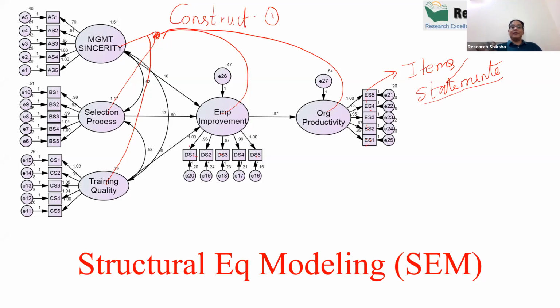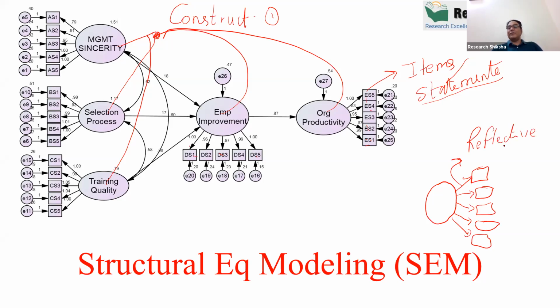Number three, if you see the arrows of all the constructs, they are emerging from here, and you can see the direction of the arrow connected with the items. When the arrow emerges from the construct, this is known as a reflective construct.